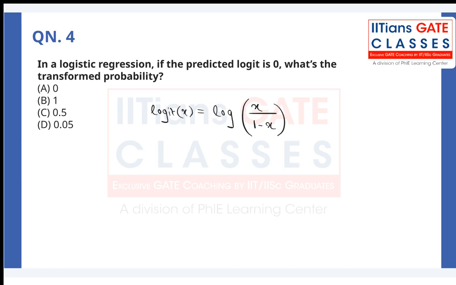Given this value is 0, you can write this as x by 1 minus x is equal to 1. That means x is equal to 1 minus x, and you can find the value of x as 0.5.